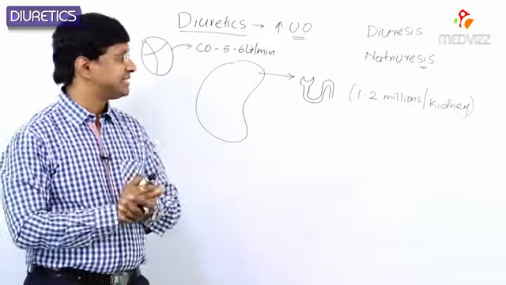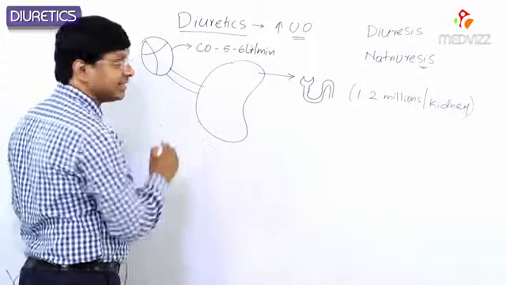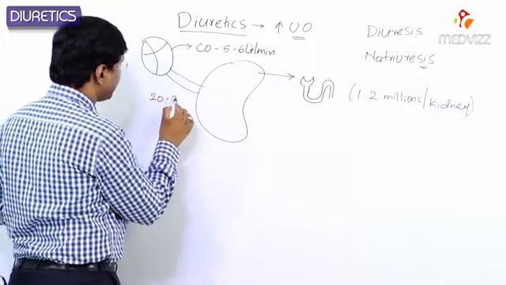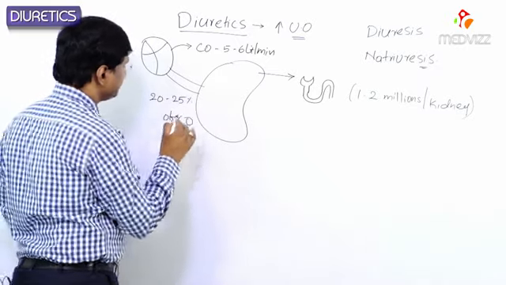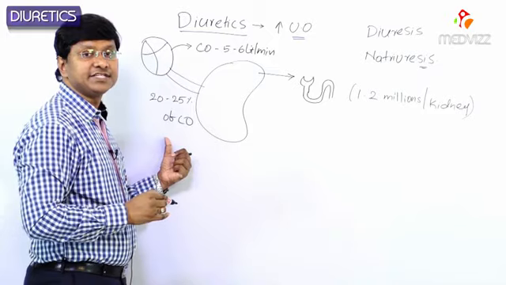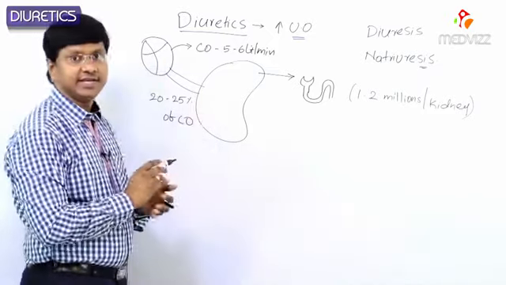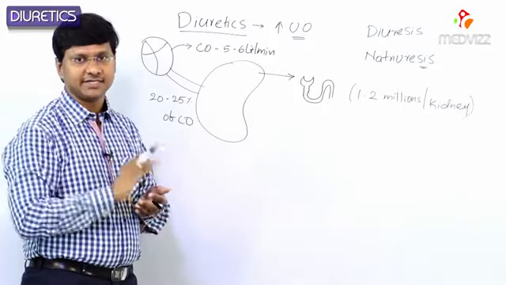The kidney will receive 20 to 25% of the cardiac output from the heart. That will be the normal renal perfusion per minute.